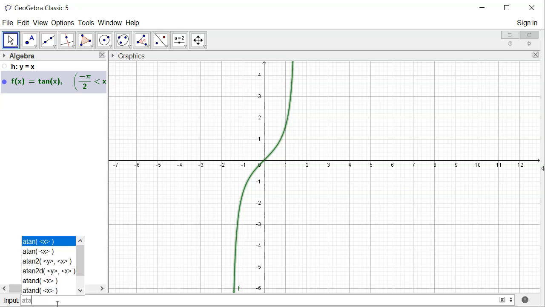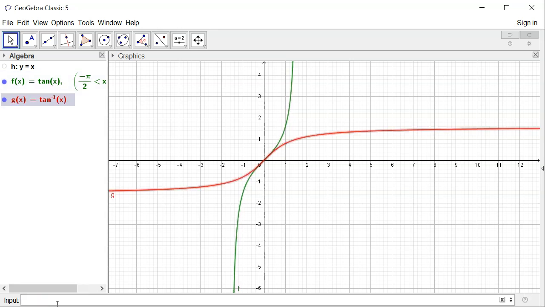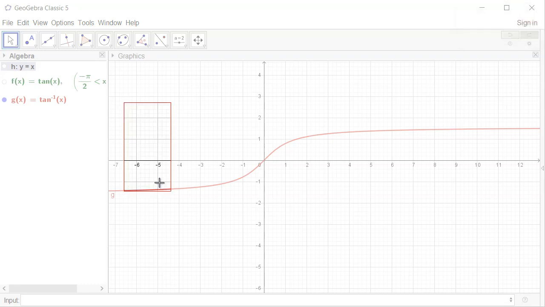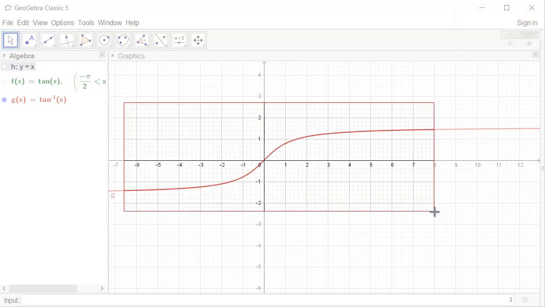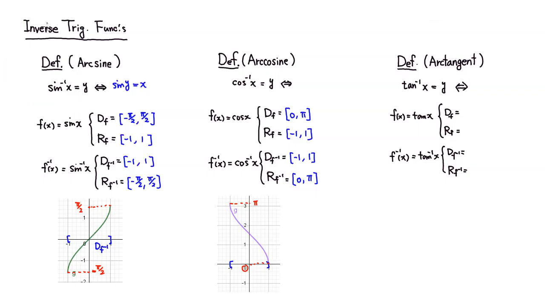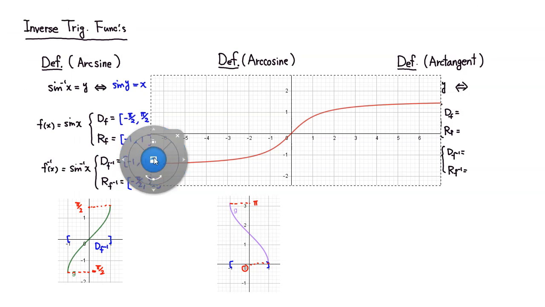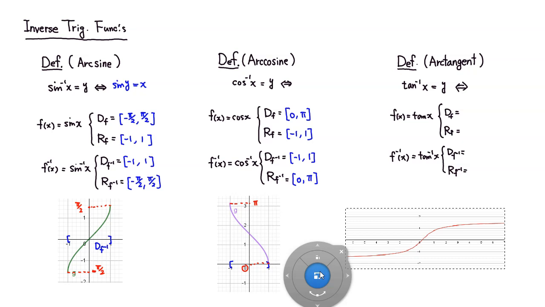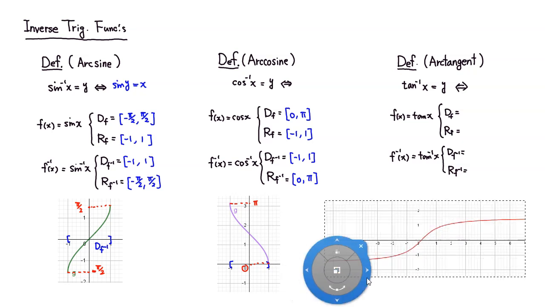So arctangent looks like this, and you can see that there's a reflection. Let's take a picture of this. It's kind of long and sideways, so let's put it like that and throw it in here. I might have to make it a little bit smaller and fit it there, maybe a little bit bigger.